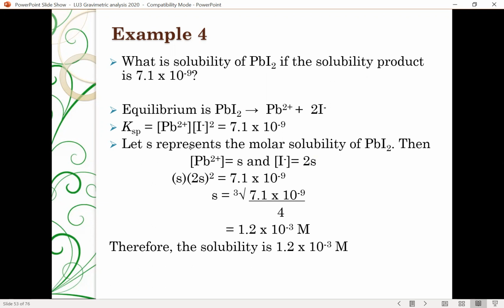So let S represent the molar solubility of PbI2. Then you can have Pb2+ as S and iodide ion as 2S. Why? Because from the equilibrium equation, you have 1 Pb2+ and 2 iodide ions.